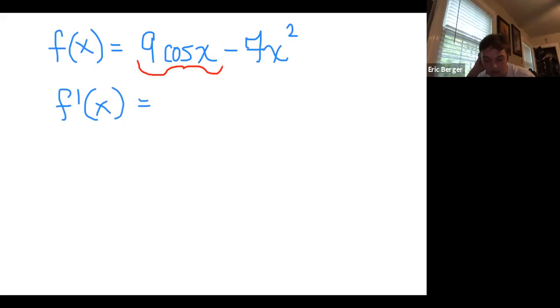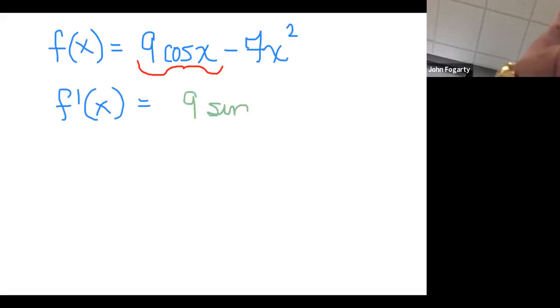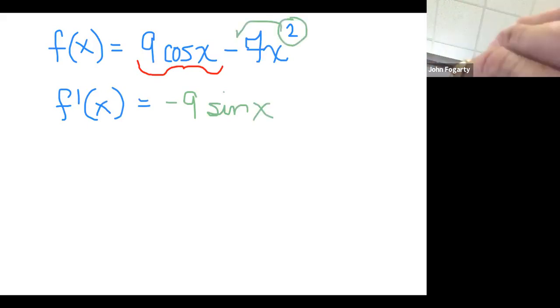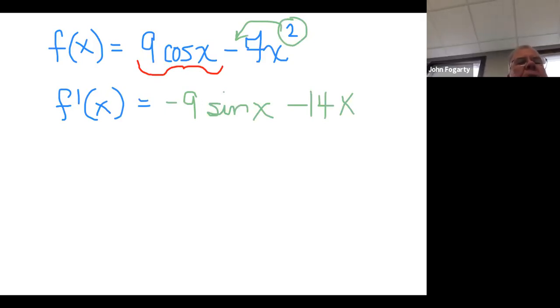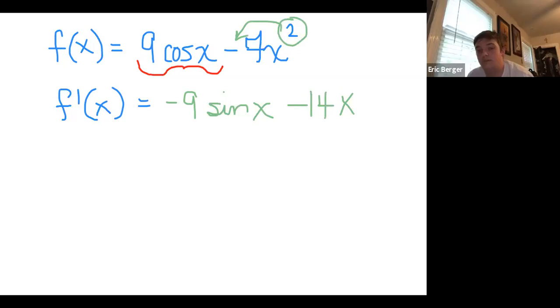Negative 9 sine of x minus 14x. Negative 9 sine of x. Beautiful. And then over here, I'm just going to move that out. Minus 14. Then 2 minus 1 is 1. x. Beautiful. Does that make sense to you guys?